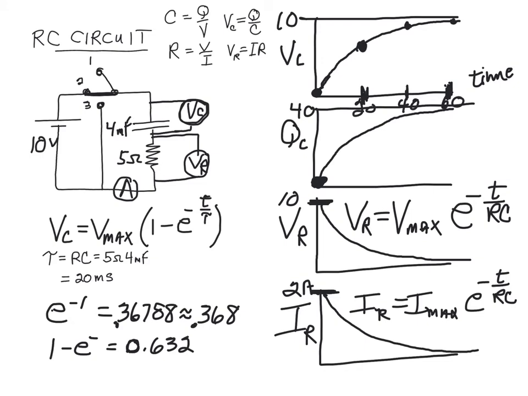And the same way decaying, if we do the 20, 40, 60 for the voltage or the current, then this should have fallen about 2/3 the distance, or down to about 0.368 of that value. In other words, if this were 10 volts, this is going to be at 3.68 volts after one time constant.